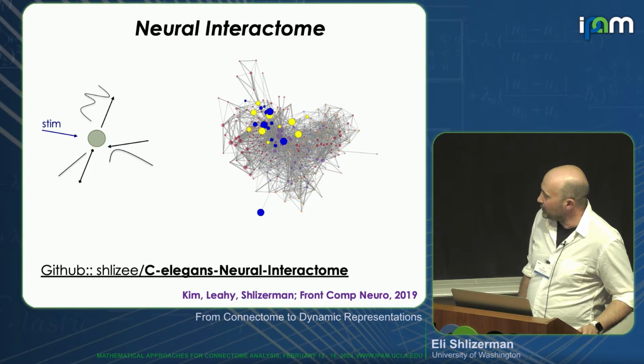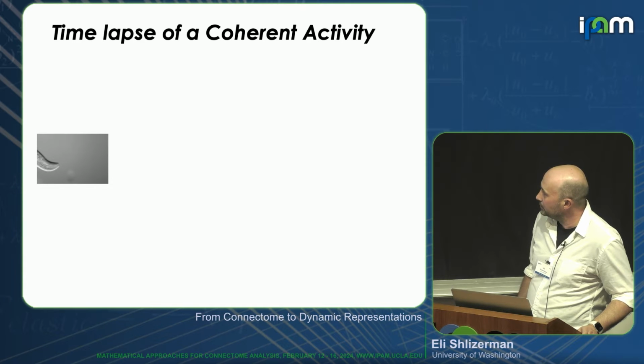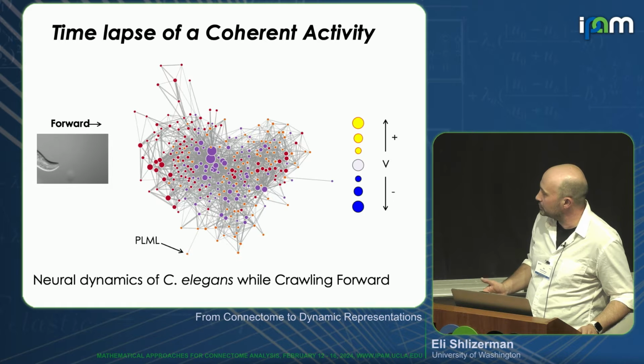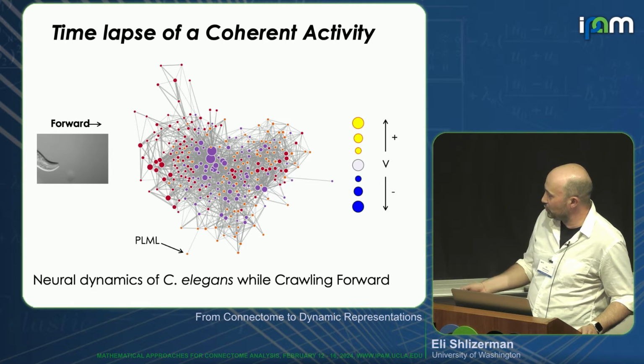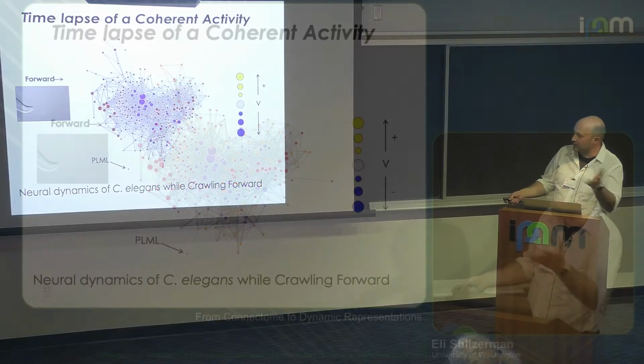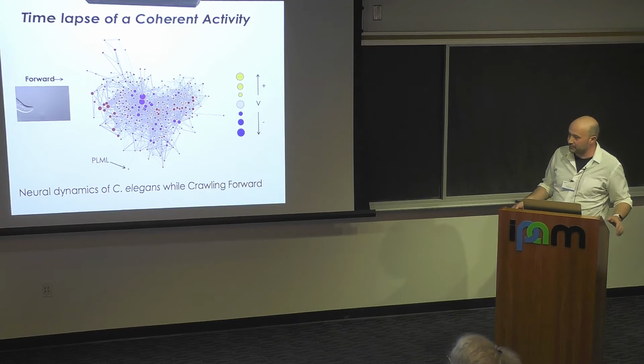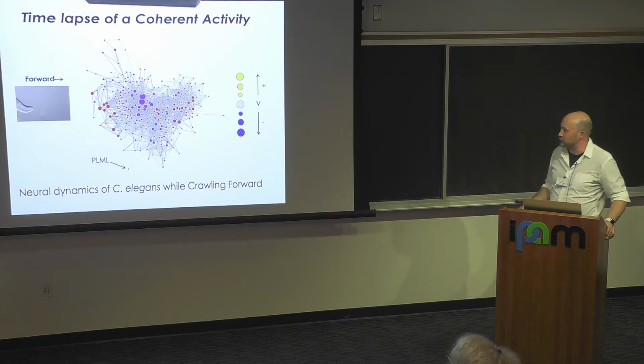So here's an example of stimulating this neuron here that actually corresponds in experiments to escape and moving forward from danger.